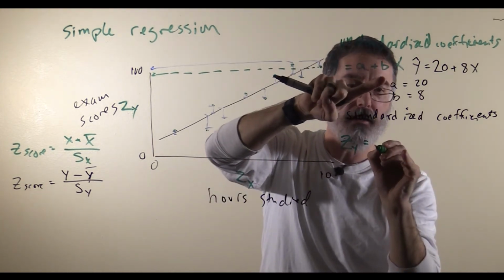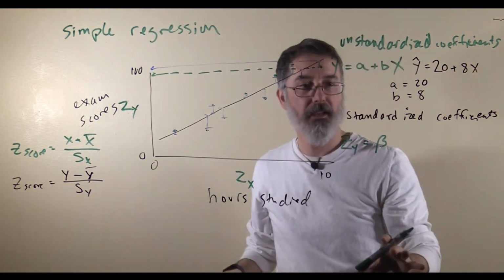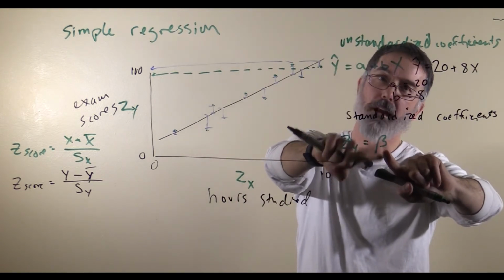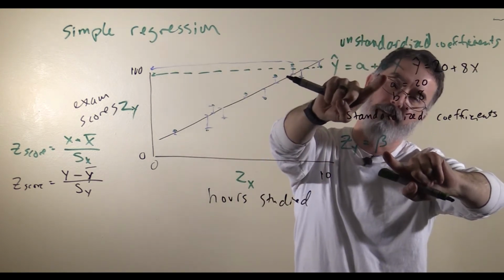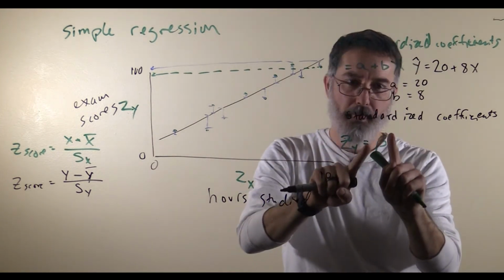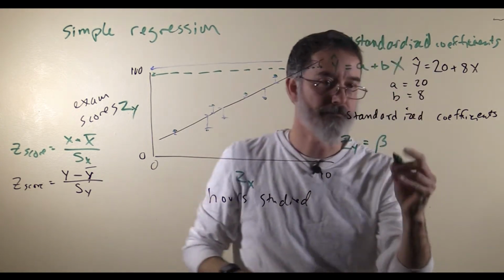And b is now written as beta. So this is the first case where the Greek letter doesn't refer to a population parameter, and the Latin letter to a sample statistic. Beta refers to the standardized coefficient, b to the unstandardized coefficient.